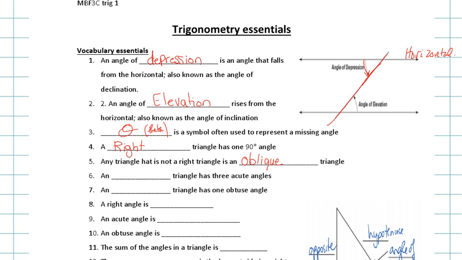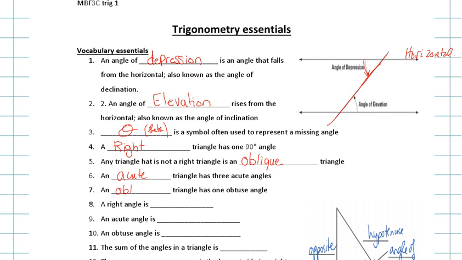You guys remember what the word acute means? I think less than 45 degrees. Not 45. Less than 90. So if you have a triangle with three acute angles, we call it an acute triangle. So acute means less than 90. And then if you have a triangle with one obtuse angle, we call it an obtuse triangle.